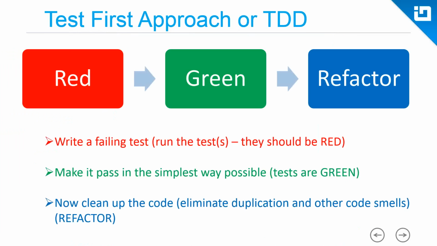So actually in TDD, you follow this approach. First, you write a test without having the functionality, so your test would be red. Then you implement the functionality in the simplest way possible. Then you make sure that your test is green. Then you refactor the code to remove any duplication or any code smell, and then you check in your code to the server.